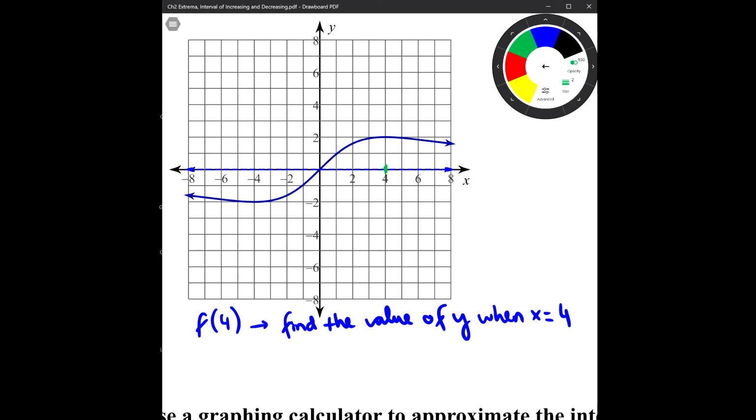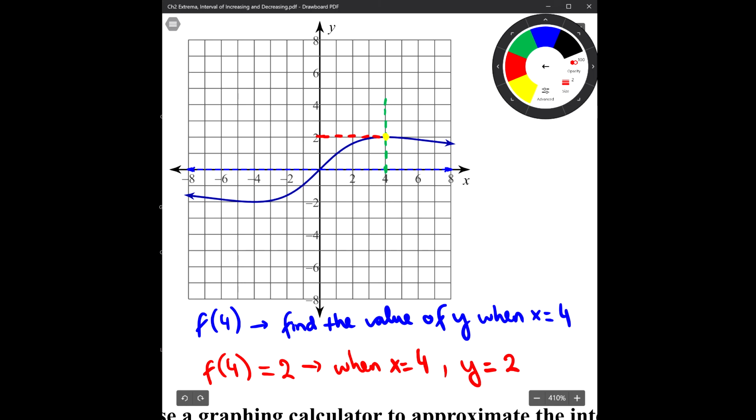Then I figure out the point on the graph when x equals 4, and I got the yellow point here. From that yellow point, I figure out the y value by matching it to the y-axis. And I got 2. So I go back here, I put down f of 4 equals 2. What it means is when x equals 4, y equals 2.